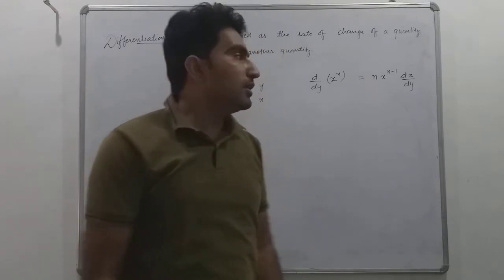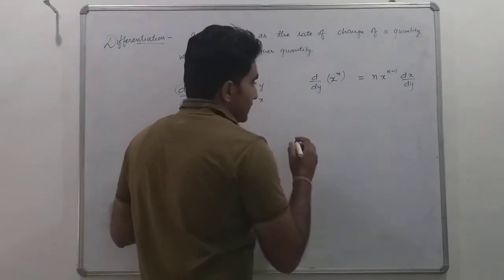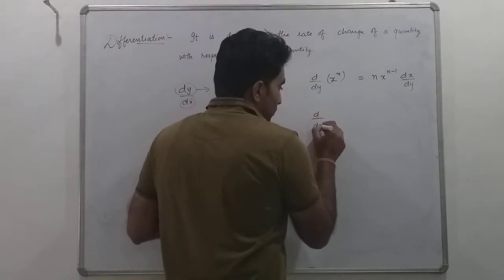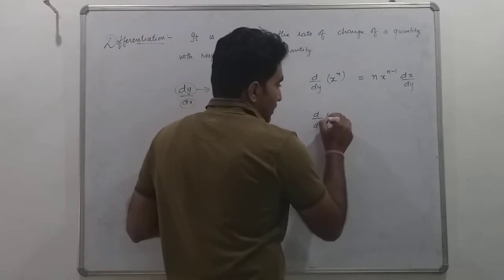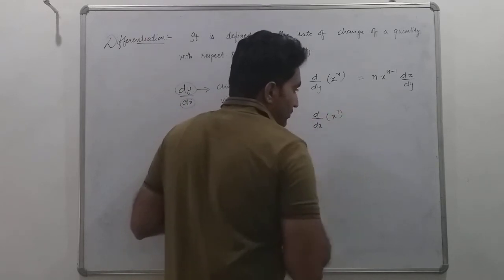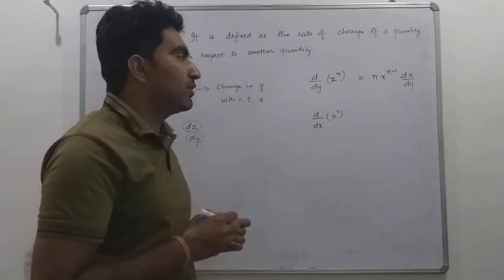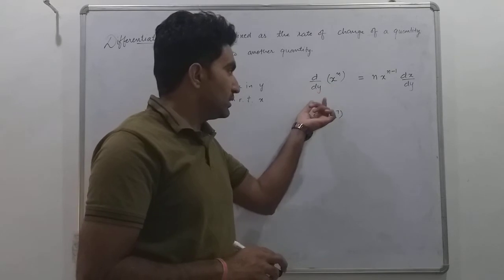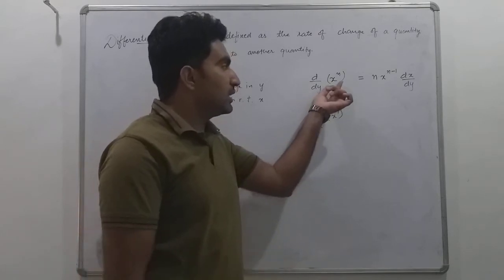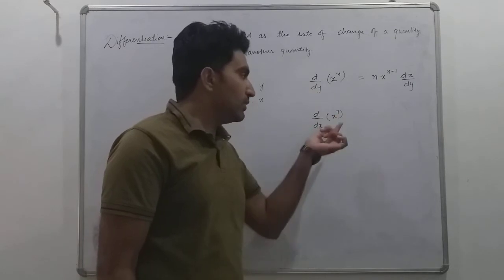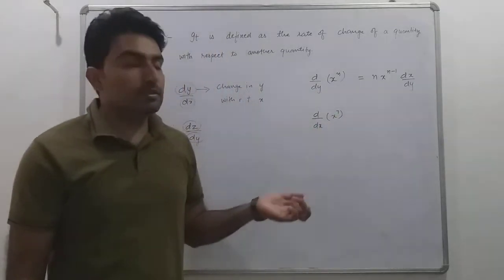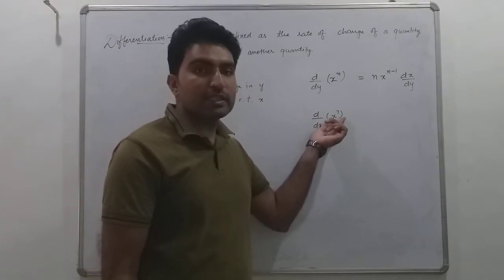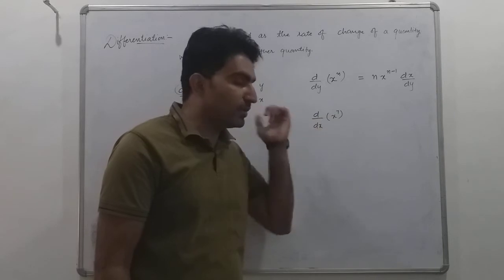Okay, suppose now the change is along x, then x raised to power 7. We have to differentiate x raised to power 7 with respect to x only. Here both are the same quantities. We are checking the change in x raised to power 7 with respect to x only.